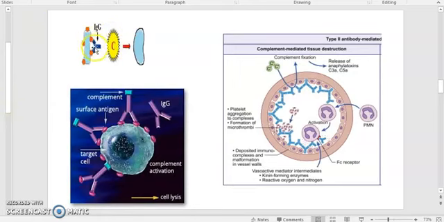See here, antibodies react with the cell membrane components, and when they react, there is an activation of complement proteins which activate the classical pathway of complement. There is a formation of the complement cascade and it leads either to lysis of the cell or opsonization. This is called a complement mediated type 2 hypersensitivity response.